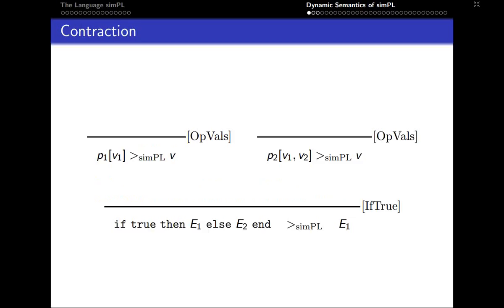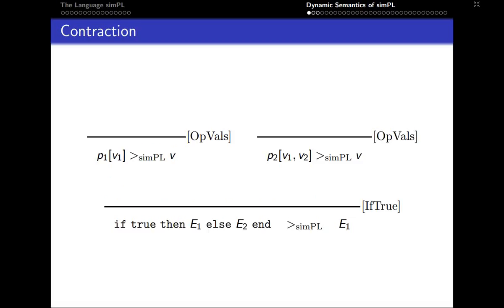So we're going to start with contraction rules. The first two you've seen before. Okay? And you know what they are. For conditionals, the rule is relatively simple, right? I need to know the value of the conditional, right? So if the conditional is true, then I'm going to use the consequent.